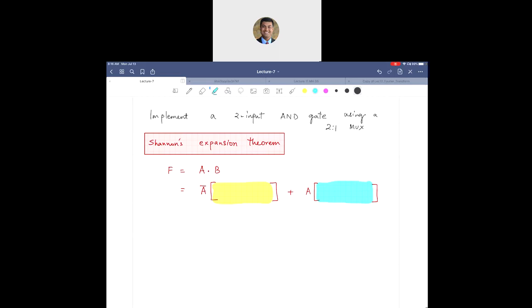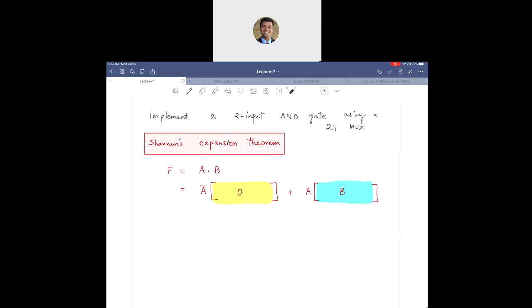Now, in order to establish that the second equation is the same as the first equation, I need to fill in those square brackets with logic expressions. So clearly, in F equals A and B, there is A, but there is no A complement, which means a 0 would go in here and a B would go in here. So if I do that, then both of these expressions are equal. So I'm not changing F by any means here.